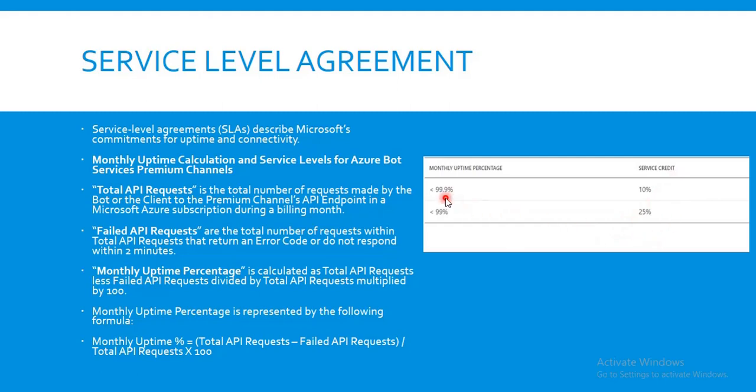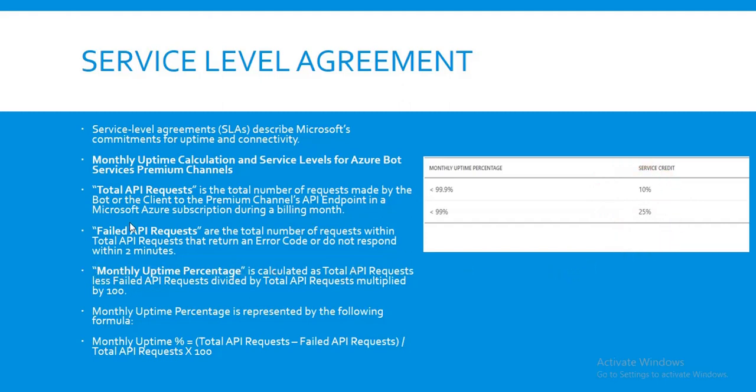For example, let us say you have chosen a SQL database in Azure, and the SLA they are targeting is 99.9%. By any chance, if a regional outage, global outage, or data center outage happens and this SLA is breached, then they will credit back that amount which is taken from your account.